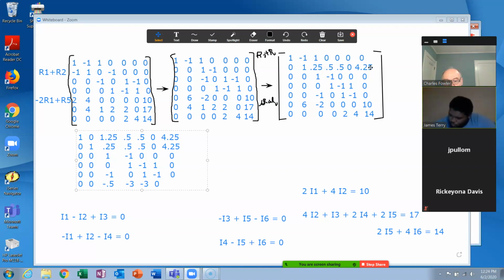So 6 times 4.25 equals, so that's going to change sign and make that a minus 25.5, if I'm doing it right, plus 10. That gives me a minus 15.5, I think. Is that what you got? Yes, sir.